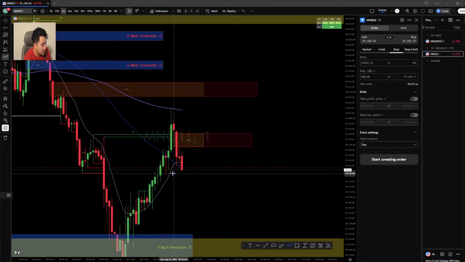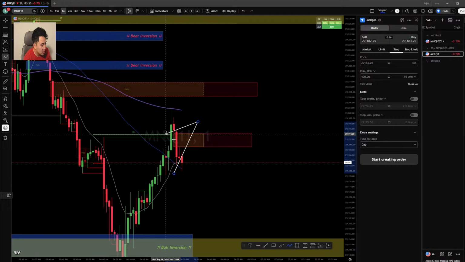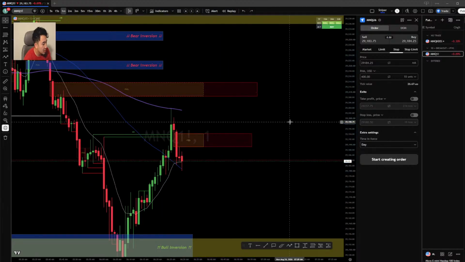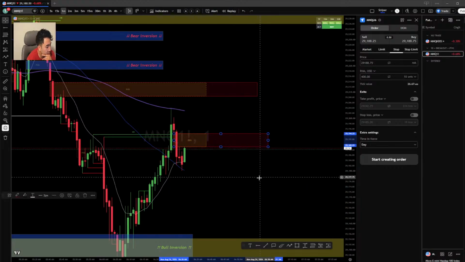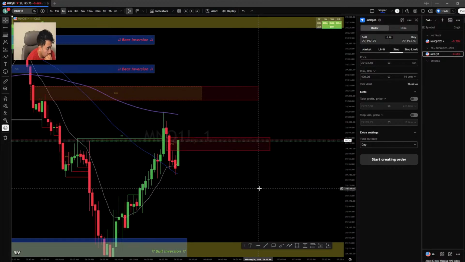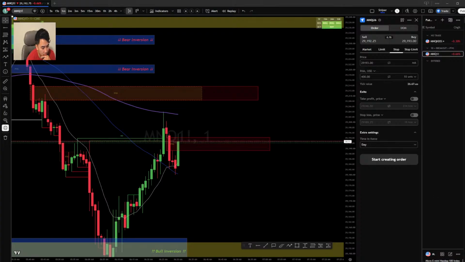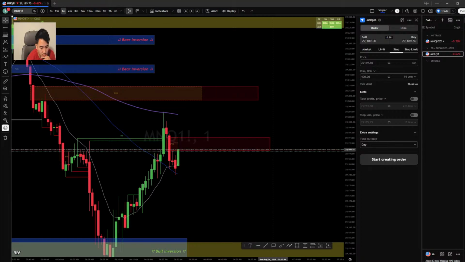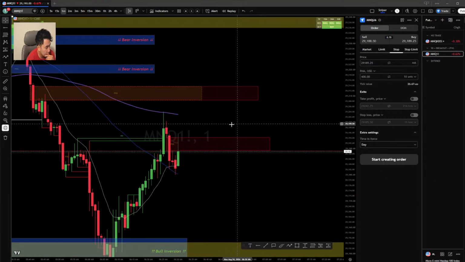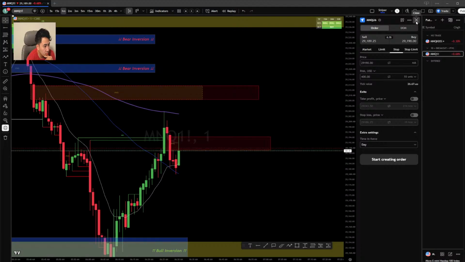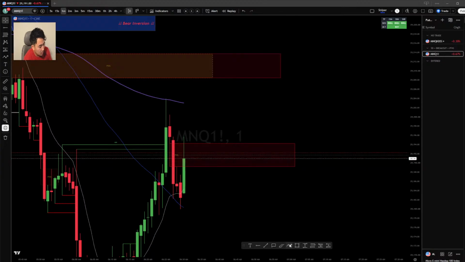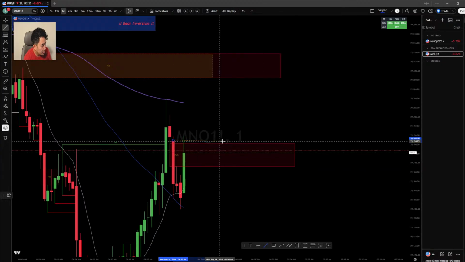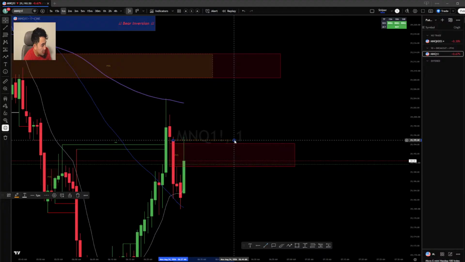I would say if price is able to trade up and break this bearish FVG to use it as a bullish inversion, then you could possibly use that as a trade there, as a zone. I do want price to close over this candle body high that created this bearish FVG as well.